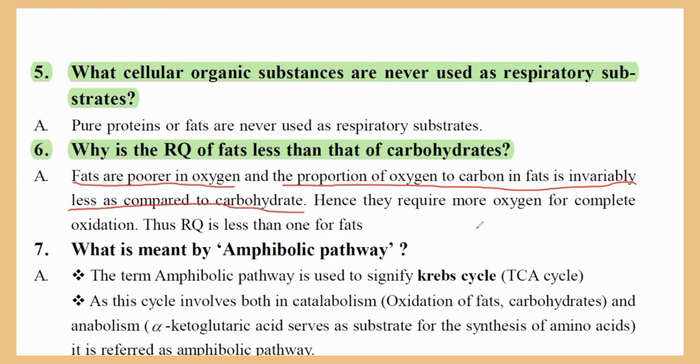Hence they require more oxygen for complete oxidation. Thus RQ is less than 1 for fats. Generally, for the oxidation of fats, they require more oxygen. Because of requiring more oxygen, they have a lower RQ value, that is, less than 1.